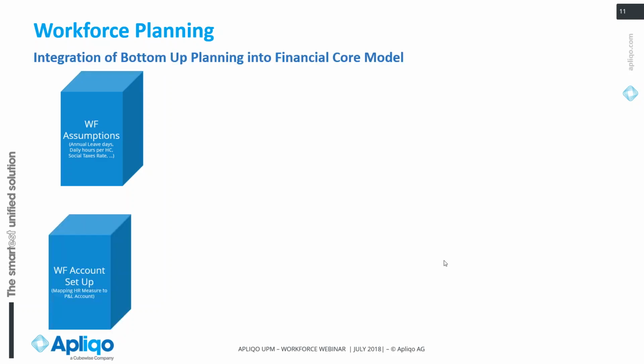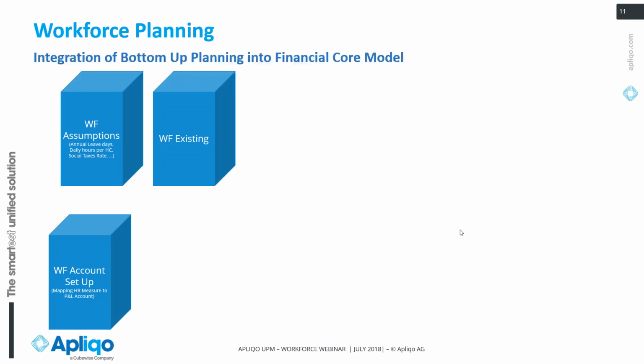There is an area where you can set up the workforce account, so that there needs to be a logical flow from all the workforce account measures into the P&L items of the chart of account dimensions, so that at any time when you do changes in the bottom-up model, it will be immediately transferred into the financial core model, so that you can really assure this integrated planning concept.